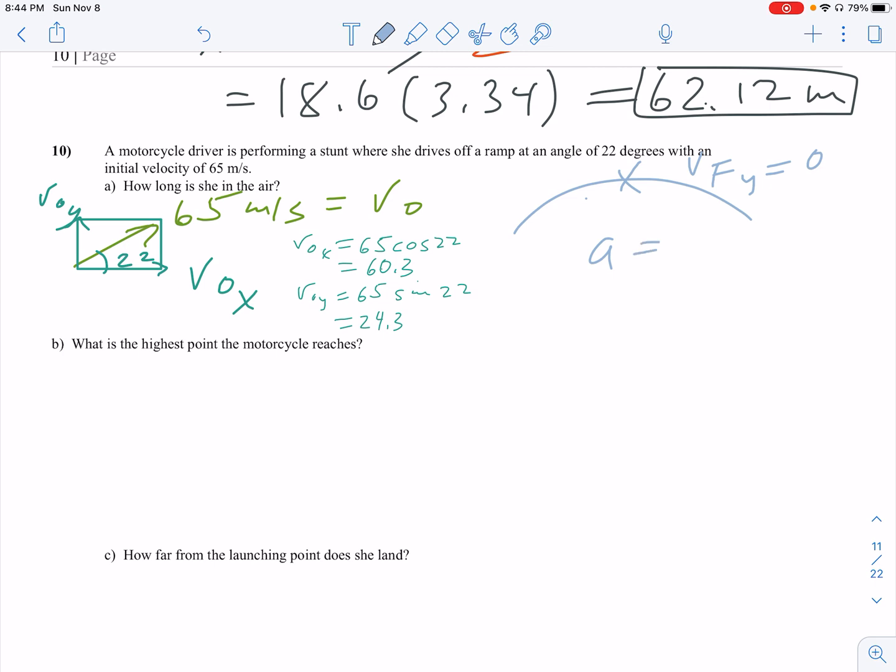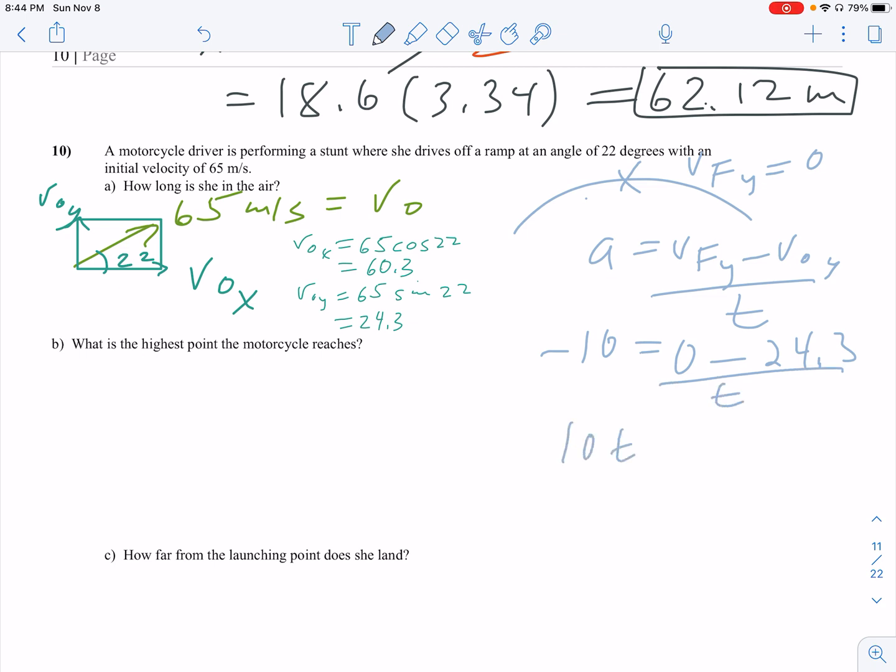So I can do a equals vy minus v0y over t. So negative 10 equals 0 minus v0y, which we just found, 24.3, positive because it's going up, over t.